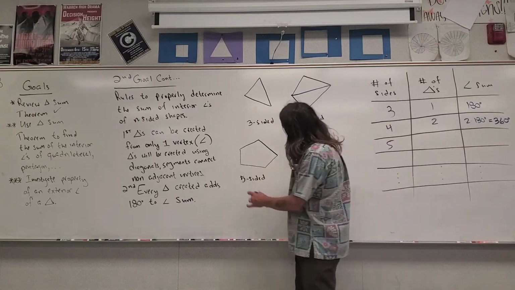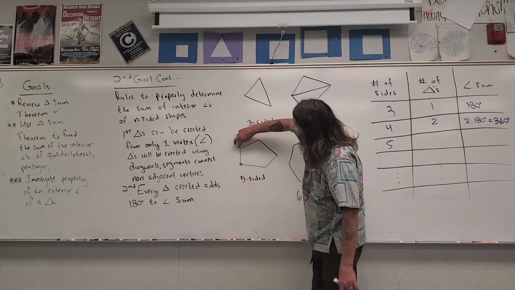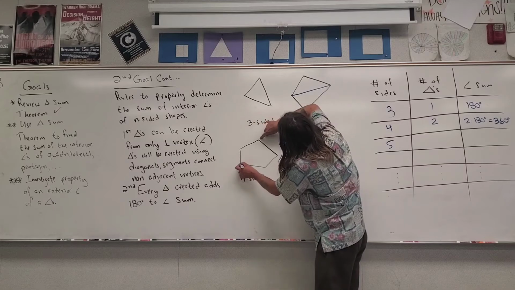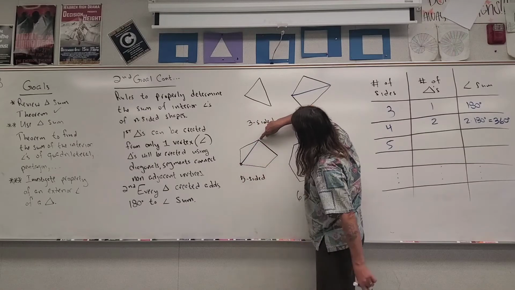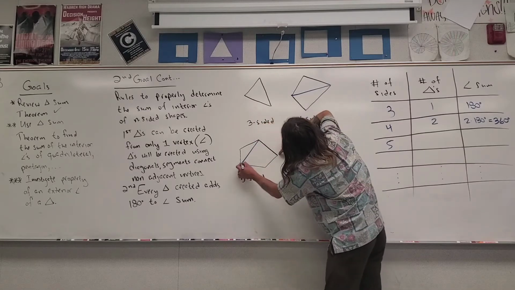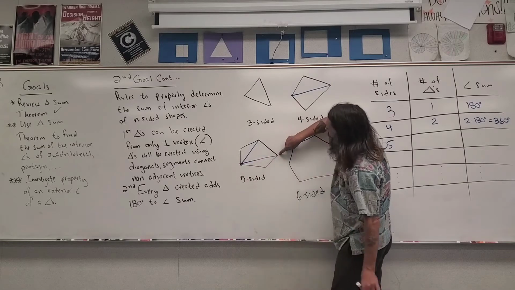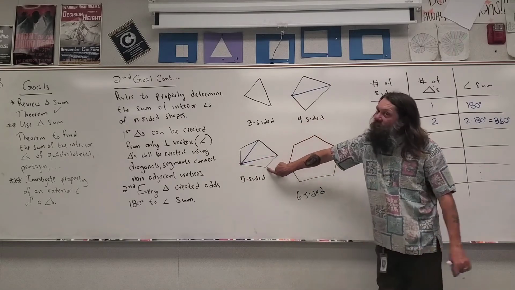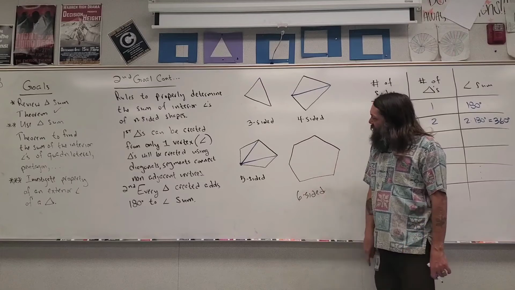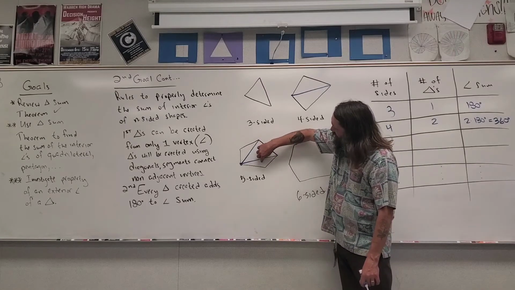All right, let's look at our 5-sided shape. I'm going to start at this vertex. I can't connect to that because that's adjacent. I can connect to this because it's non-adjacent. I can connect to this because it's non-adjacent. I can't connect to that because that's adjacent. On a 5-sided shape, I get 1, 2, 3 triangles.